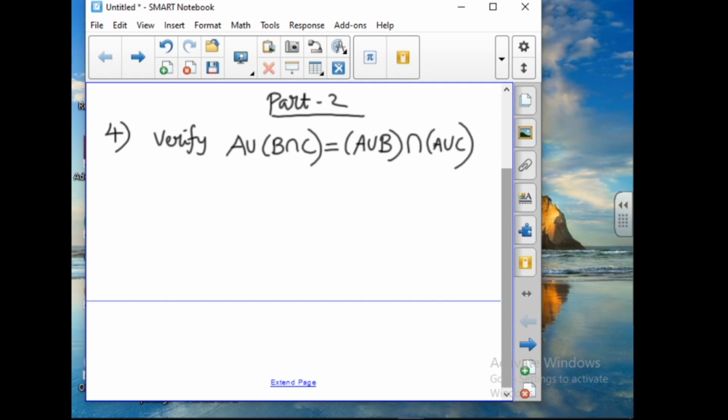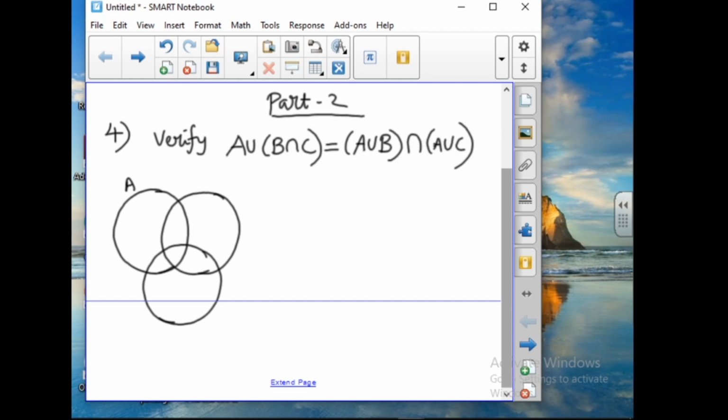So first we should find the B intersection C. Give the names A, B, C. Intersection means the common parts. So for B set and C set, this is the common part.